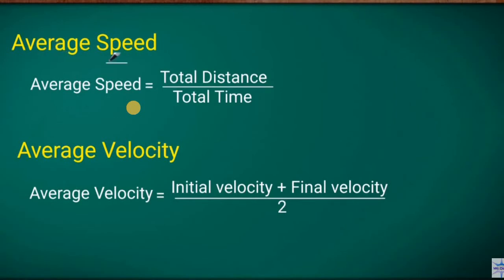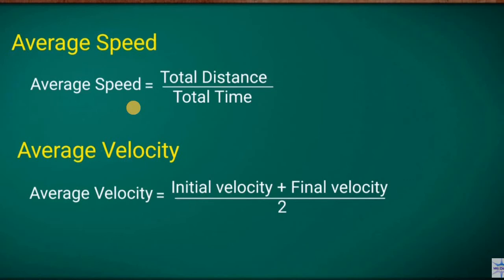Now let's see another concept, average speed. How can we calculate the average speed? The average speed is equal to the total distance divided by the total time. Meaning, for an object to cover the total distance, how much time it requires, then we get the average speed.